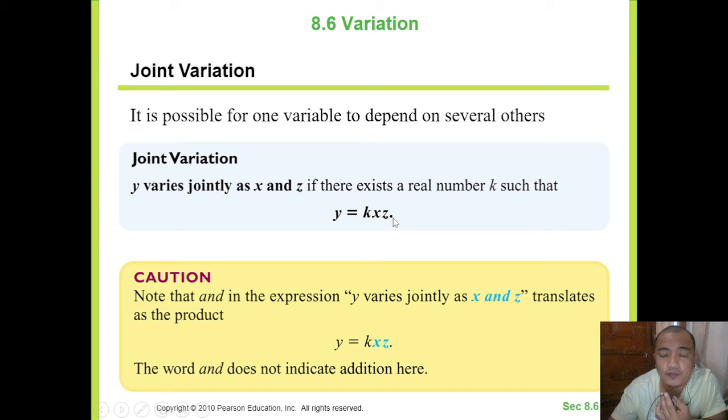In the phrase y varies jointly as x and z, the word "and" does not indicate addition, but product. So it means we will multiply x and z. So if we say y varies jointly as x and z, y equals k times the product of x and z.